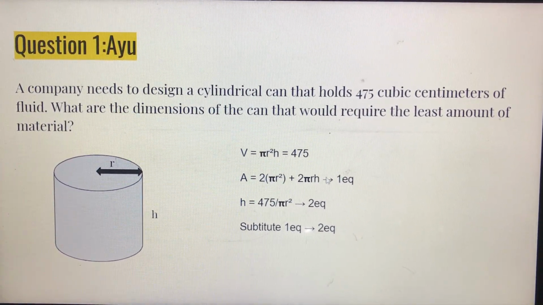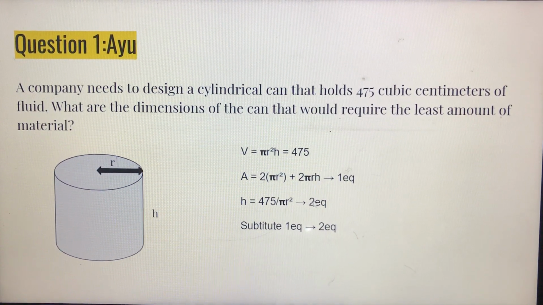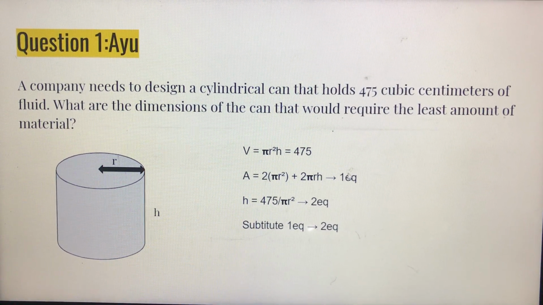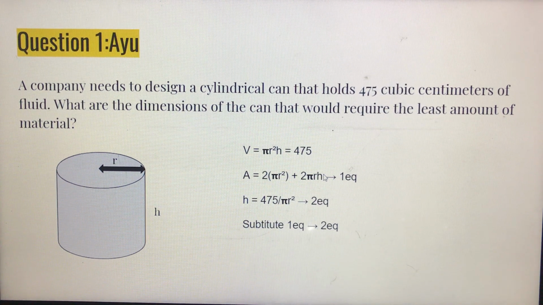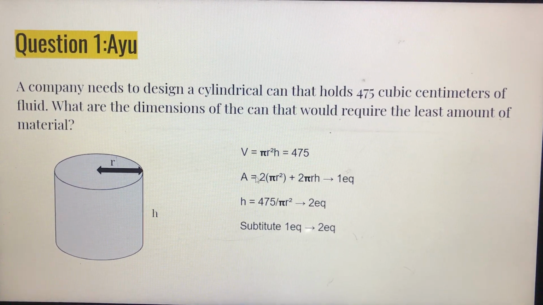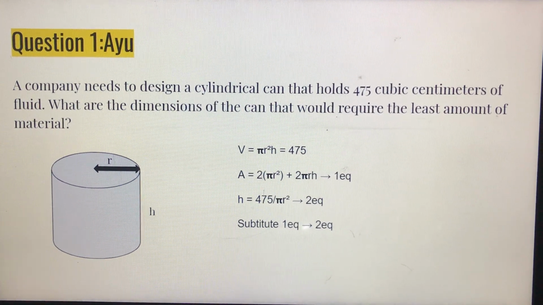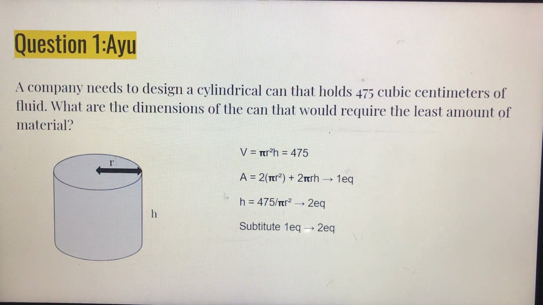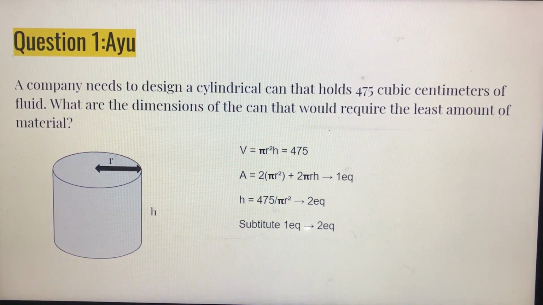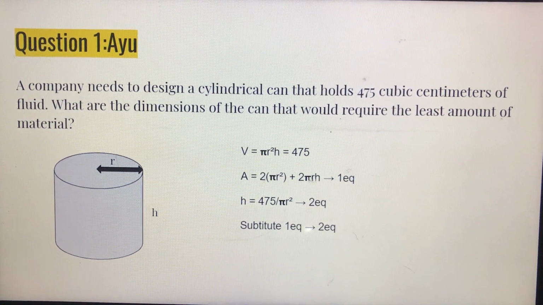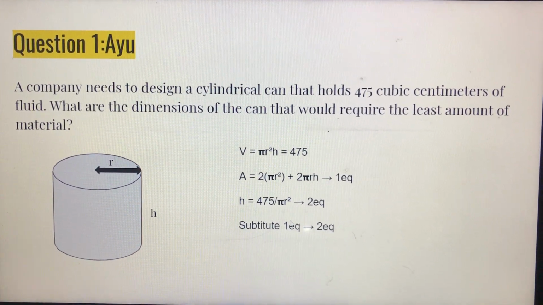So this is the first equation. And from this function we can see that there are two variables. So we can make it just one variable, which is r, using the volume function. So we find the h equation, which is the second equation, and substitute it into the first equation.